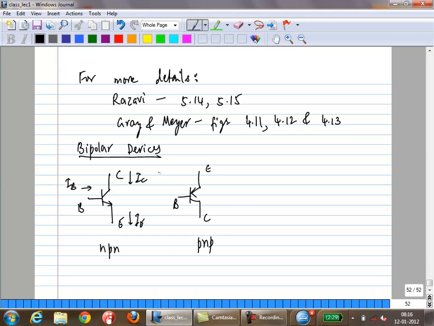Okay, just remember that. For the PNP, the directions are slightly different. The emitter current is nothing but the sum of the base and collector currents with the directions we have assumed. Okay?